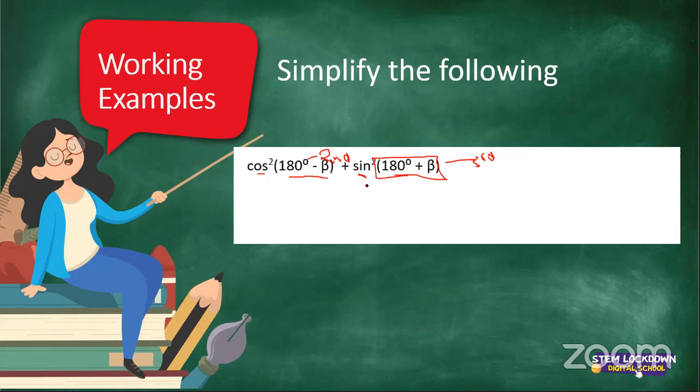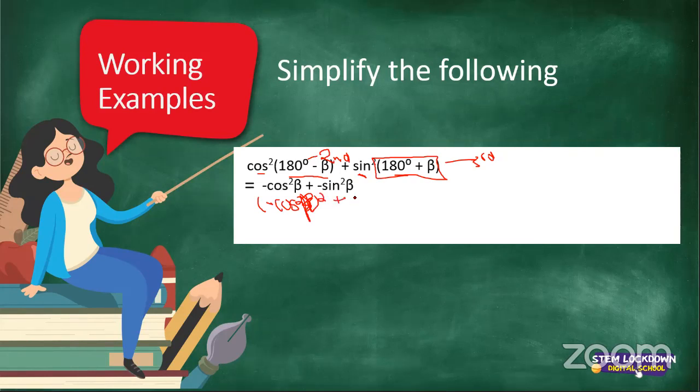So our next step looks something like this: we have a minus cos because this is the second quadrant, and it's squared, beta. If you expressed this for what it actually is, you would have written minus cos beta, all squared.